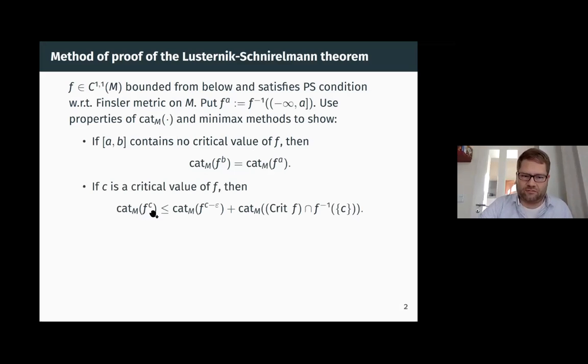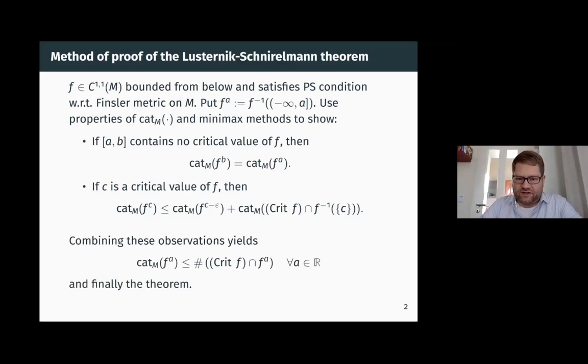Namely, we know that the category of this new sublevel set with respect to M is bounded from above by the category of some slightly smaller sublevel set, that's for sufficiently small epsilon so that there is no critical value in between C minus epsilon and C, plus the subspace category of those critical points that lie on this critical level that we just studied. So we see that this increases with each critical level, and we know that this is one or bigger, so we have some contribution for this estimate coming from each critical level.